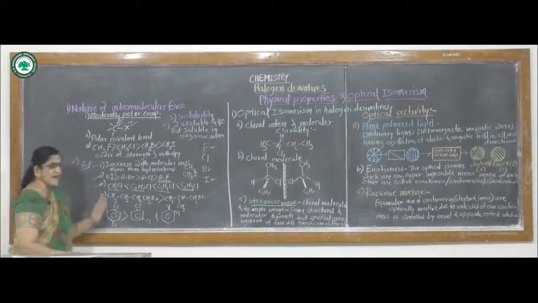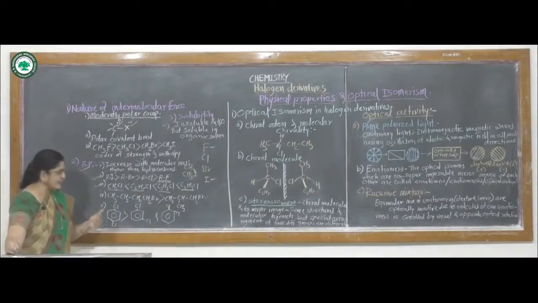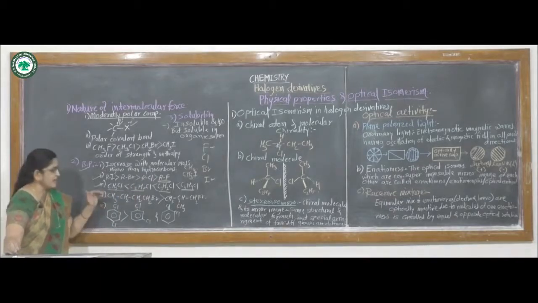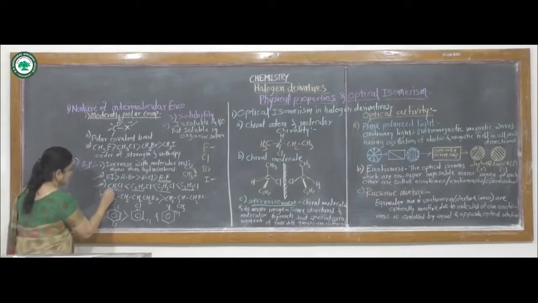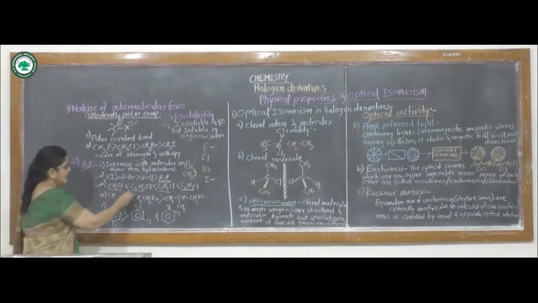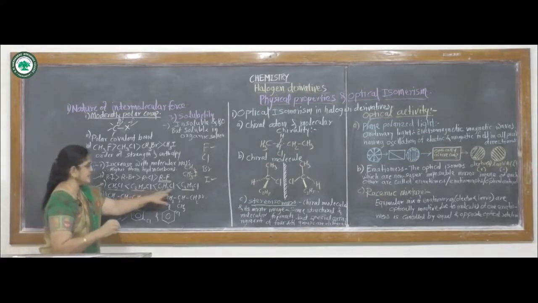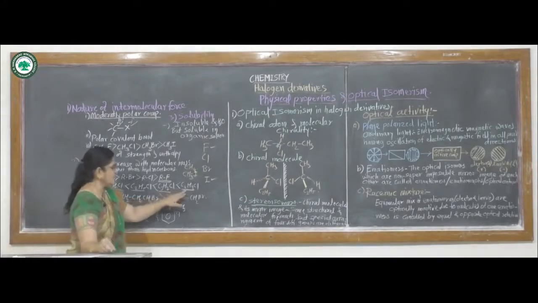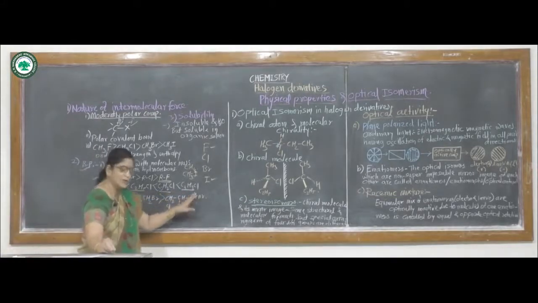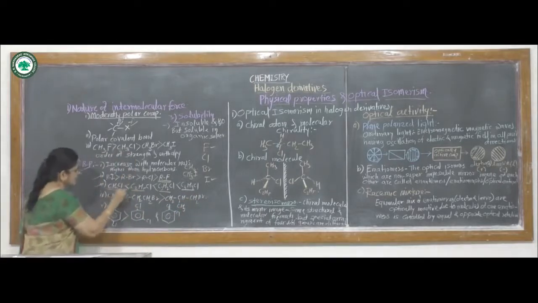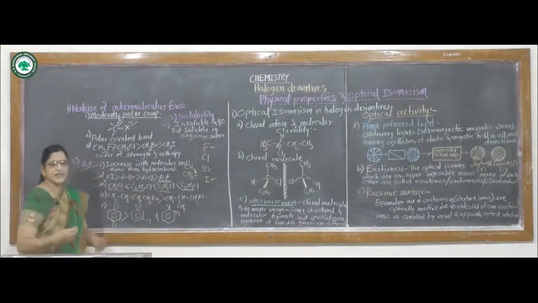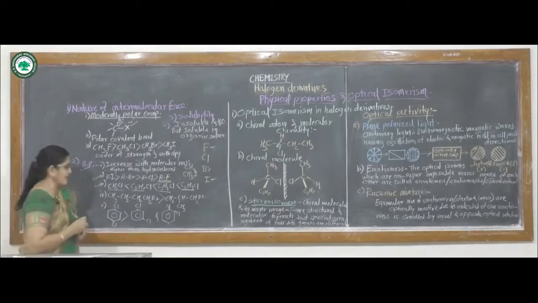That means as the carbon atoms increase, the boiling point also increases in the same type of alkyl halides. All of these are chlorides, but as the carbon number goes on increasing, the boiling point also goes on increasing.